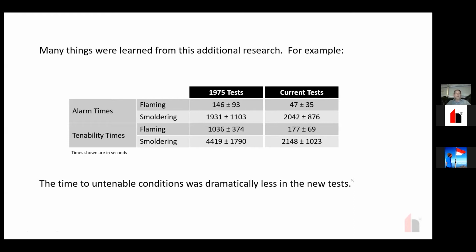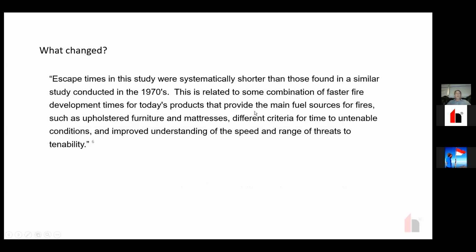So what happened? What changed from the 1975 tests to the current tests? Well, this is a quote from a technical note produced by NIST. And in part in this report, they made this comment. They said, escape times in this study were systematically shorter than those found in a similar study conducted in the 1970s.